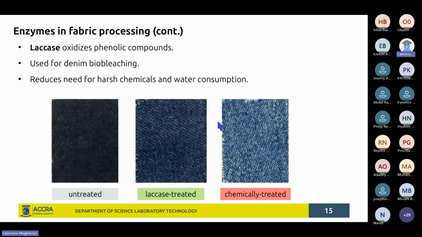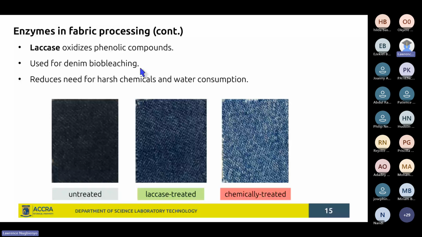Denim is the fabric used for jeans, and in the processing of denim, we have a stage we refer to as biobleaching, where in the past some harsh chemicals were used, and this is to remove phenolic compounds.